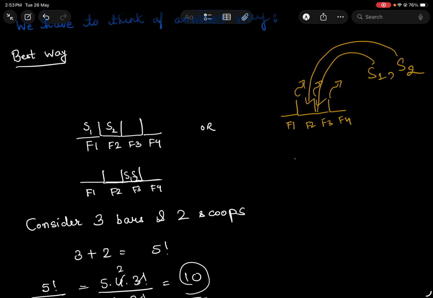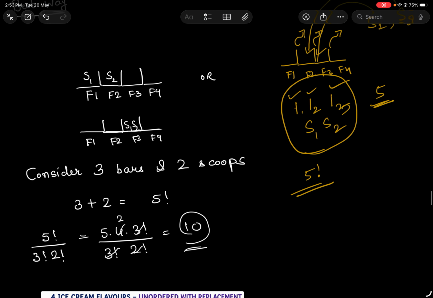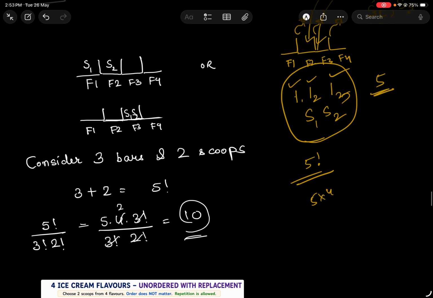So I have to arrange these 3 sticks and my 2 scoops. These are the 5 things I have to arrange, and I can arrange them in 5 factorial ways by the principle of counting.